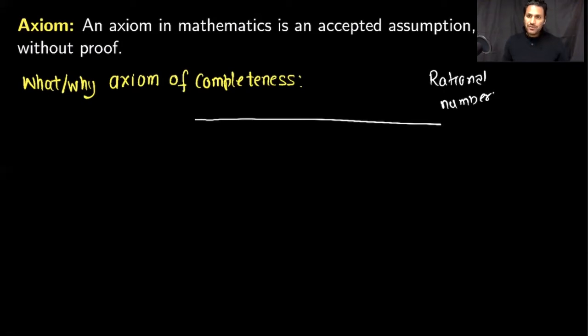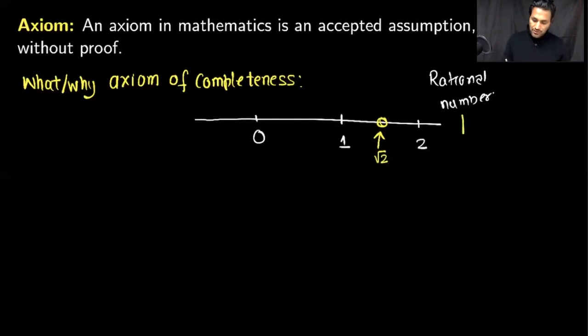So if you assume you live in a rational number system, we know that between two rational numbers there may or may not be a rational number. I showed you that on the rational number line, between 1 and 2, there was a point where there was a hole, and that hole was where the number square root of 2 is, which is not rational.